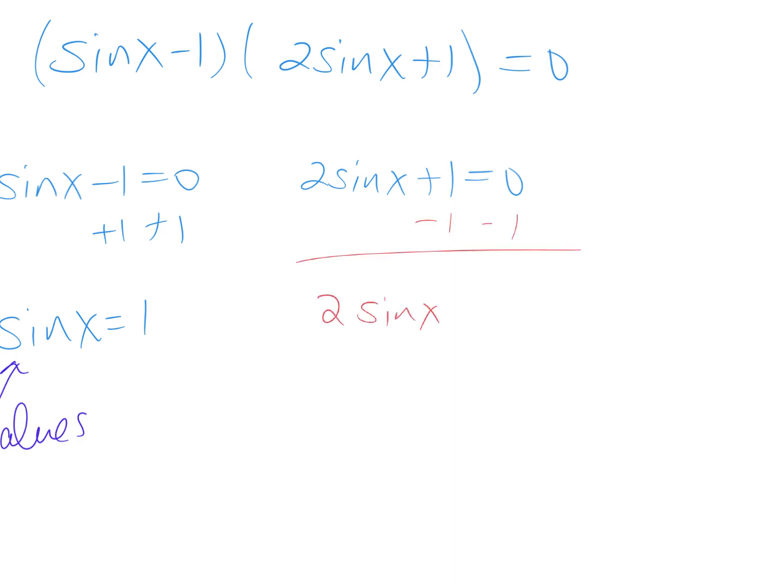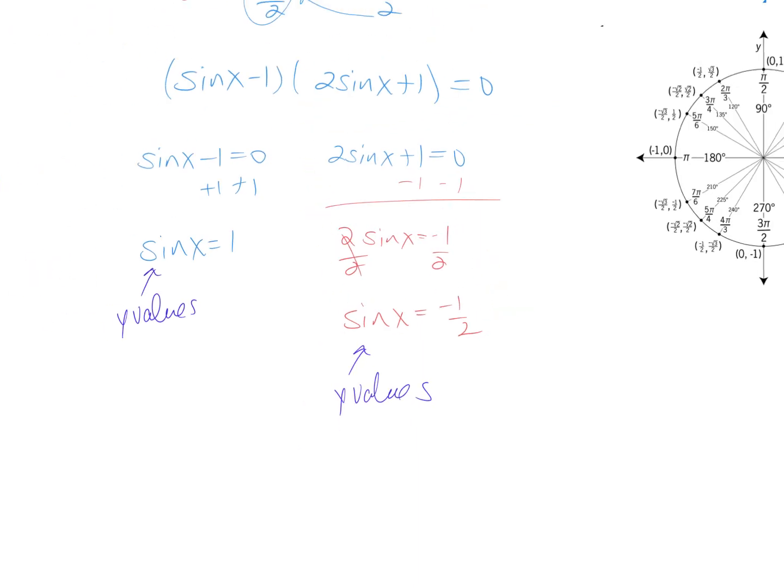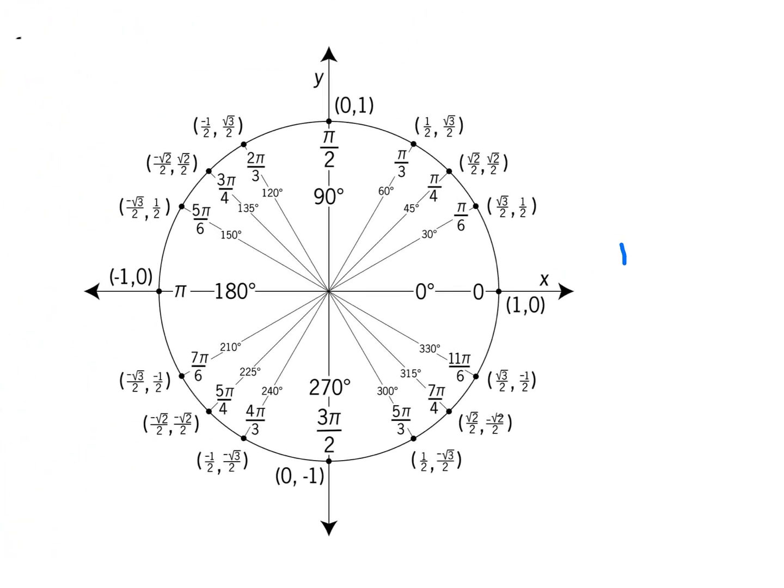All right, over here, I'm going to subtract 1 from both sides. So 2 sine of x equals negative 1. Divide by 2. Sine x equals negative 1/2. Where is that telling me to look? Where y values are negative 1/2. So in this case, we're looking for 2 different y values. No big deal. So where on my unit circle are the y values positive 1?